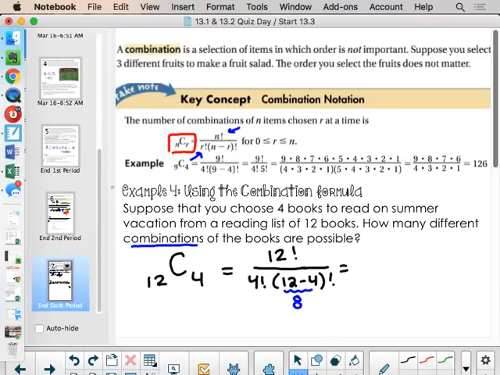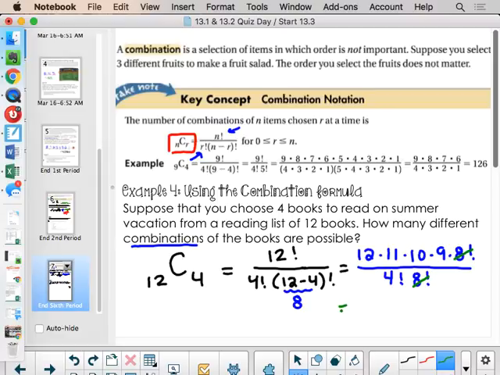So on the top, I'm just going to expand 12 factorial to be 12 times 11 times 10 times 9 times 8 factorial, because it's helpful on the bottom. What happens? It cancels out, okay?